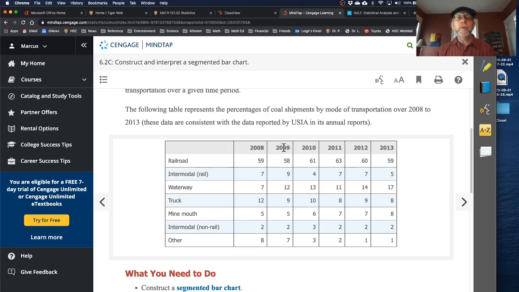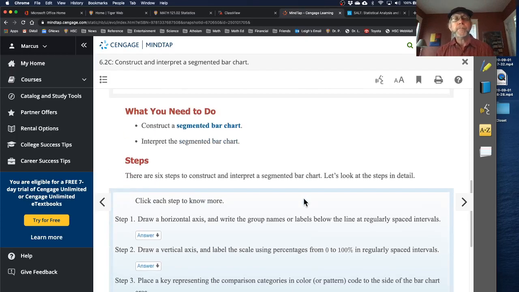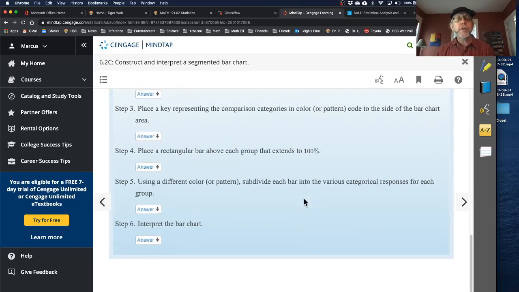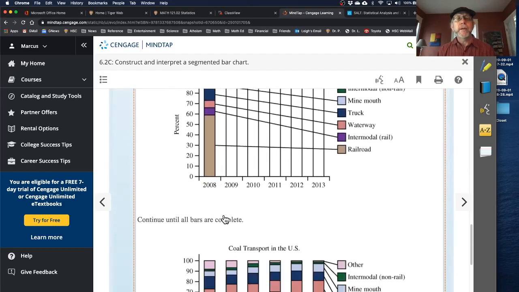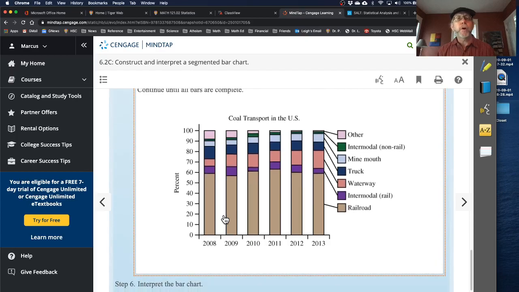And then you see a similar thing for years 2009, 10, 11, 12, and 13. And so let me just show you the display of this data in a segmented bar chart. And this enables us to compare the various modes of transportation across these years.